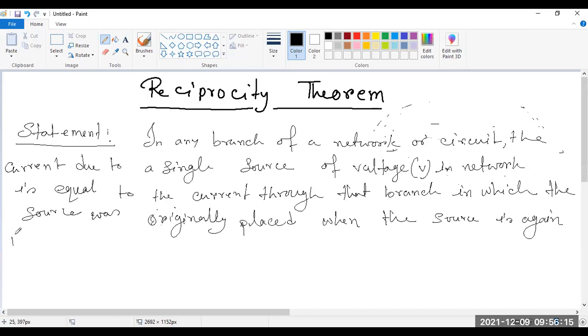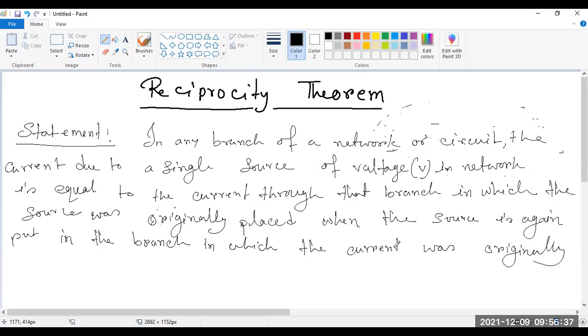Again put the branch where the current was originally obtained.